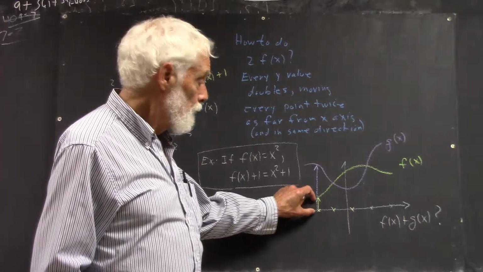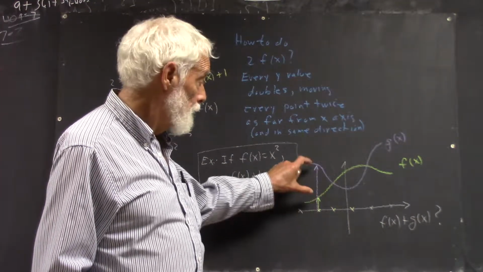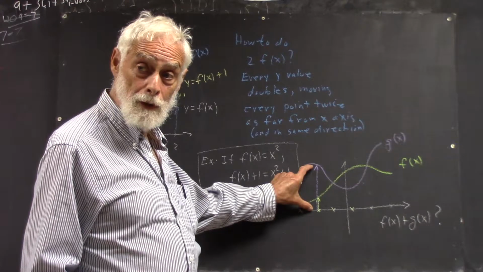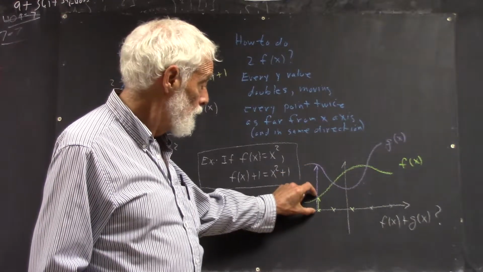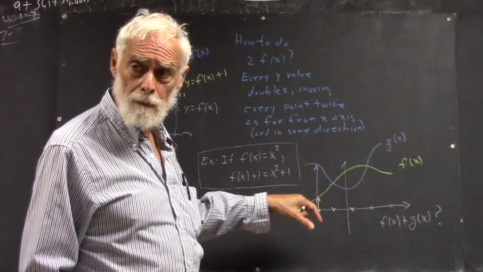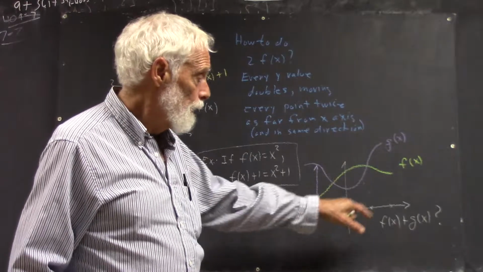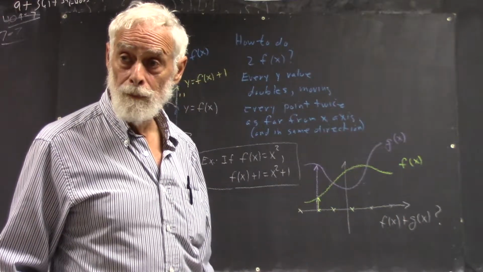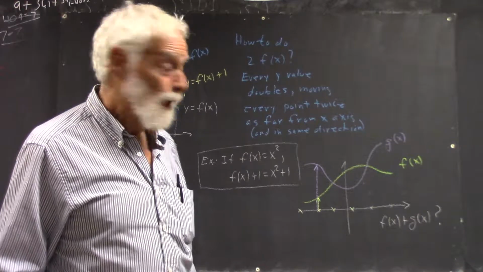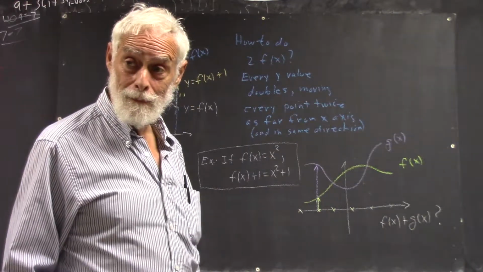Let's just say this value is 1. What's this value? 3? 1, 2, about 3. So what would the value of f of x plus g of x be? 4. Now how am I going to get 4 on this graph?